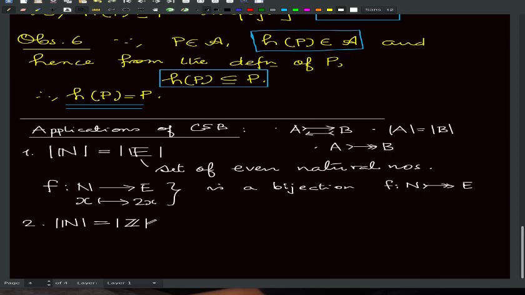So, try it. Let's try. This is a school question: 1, plus minus 1, 2, plus minus 2, 3, minus 3 and so on. So how is it coming?